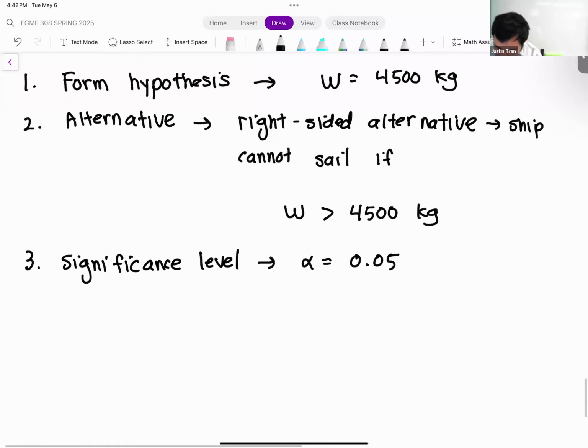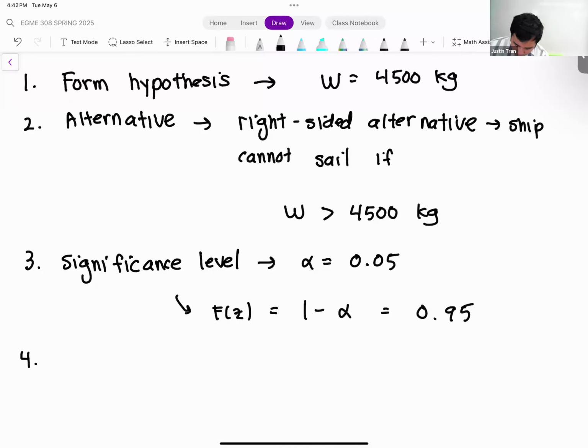That means our F of z is equal to 1 minus alpha, which is 0.95. And since we're doing a right-sided alternative, we don't need to multiply by -1. And so whatever we get from the table, we're just going to read that straight up.